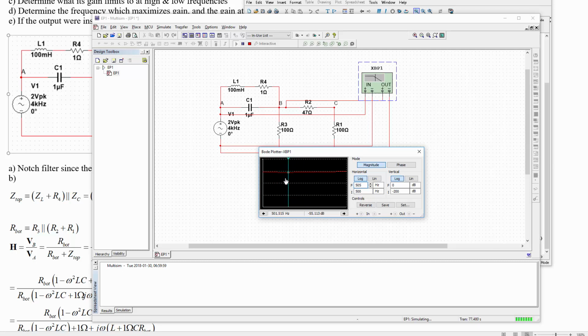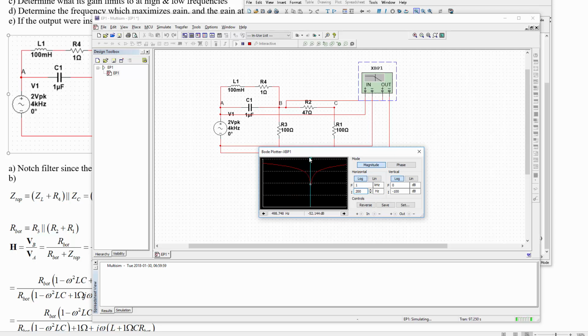Now it's sort of hard to see, but you can see there's a minimum right there at, looks like between 501 and 502. Then we can raise that up and see how low we're getting in terms of the minimum. So we might now actually expand that out in either direction.